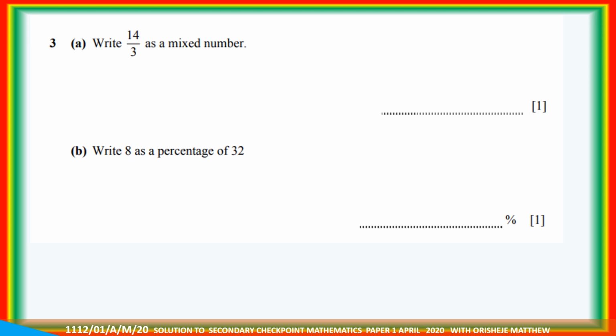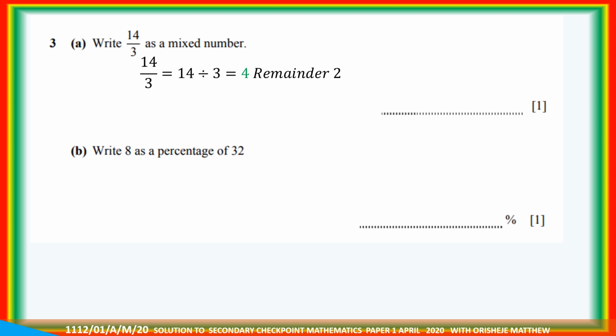Question 3. Write 14/3 as a mixed number. That is the A part of the question. Then the B part of the question, write 8 as a percentage of 32. So let's look at the A part of the question. Now for the A, 14/3 is the same thing as 14 divided by 3, and that will give you 4 whole number, remainder 2.